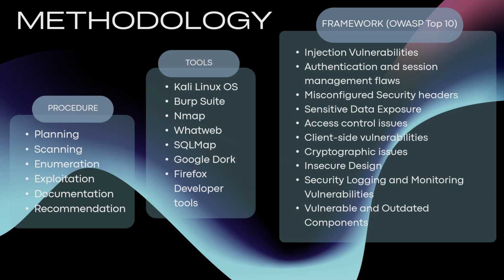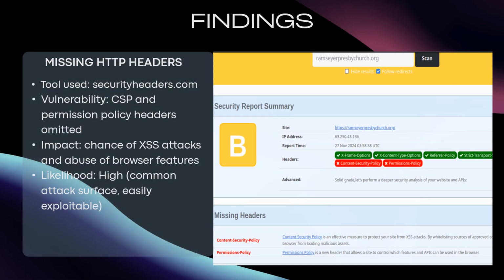I just found a few vulnerabilities, and it started with missing HTTP headers. I used securityheaders.com, and this is the result that it gave me. I realized that there was no content security policy and no permissions policy.